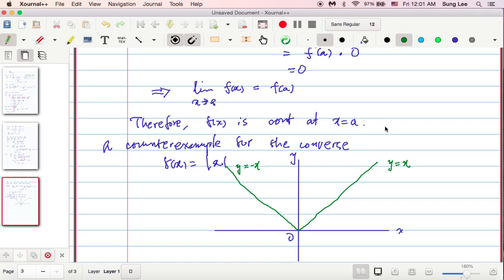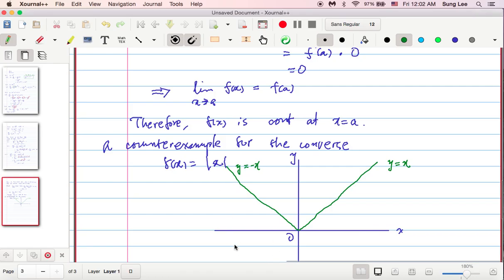But particularly, it is continuous at x equals 0. So you can see that from the graph, or you can use the definition. If you take the limit of the absolute value of x when x approaches 0, right? So the right-hand limit and left-hand limit are both equal to 0. Okay, so that's the same as f of 0, right?